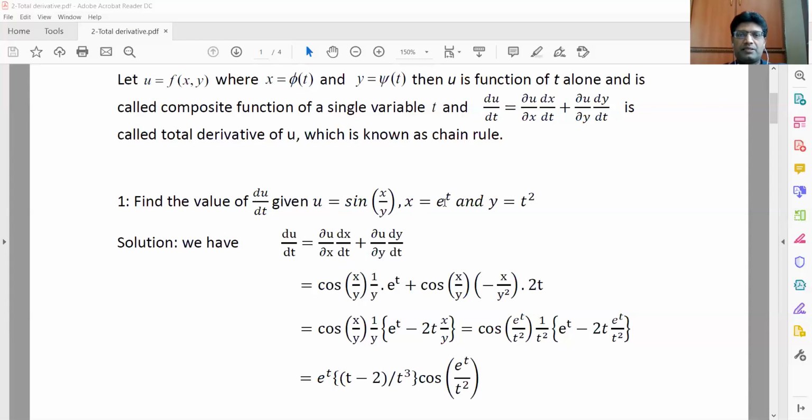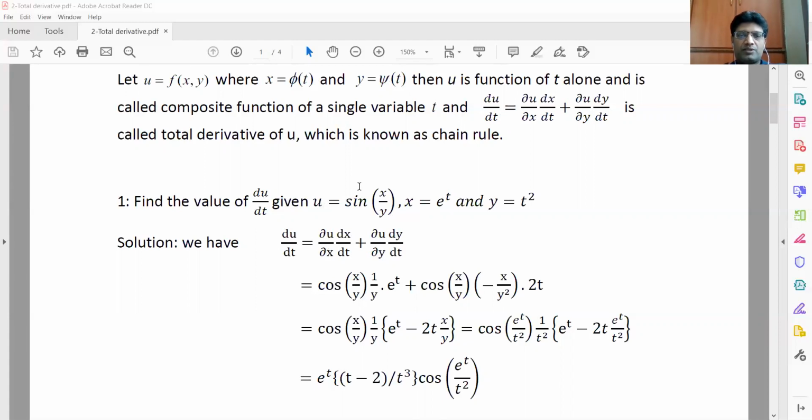See here, x is a function of t, y is another function of t, which is like phi of t and psi of t, and our f of x, y is here sine of x by y. So to calculate this du by dt, we are using this chain rule. According to the chain rule, du by dt is dou u by dou x into dx by dt plus dou u by dou y into dy by dt.